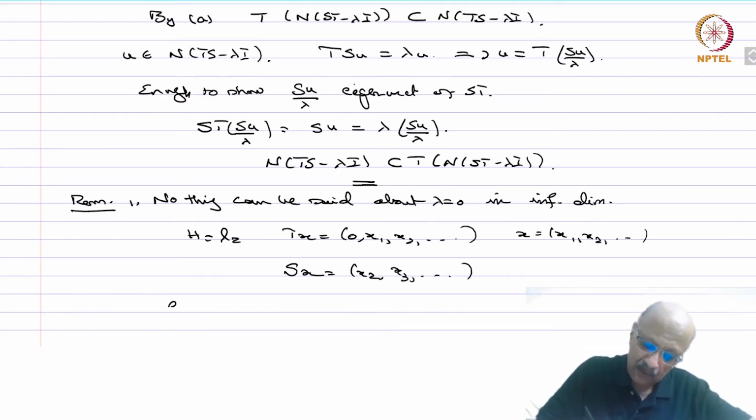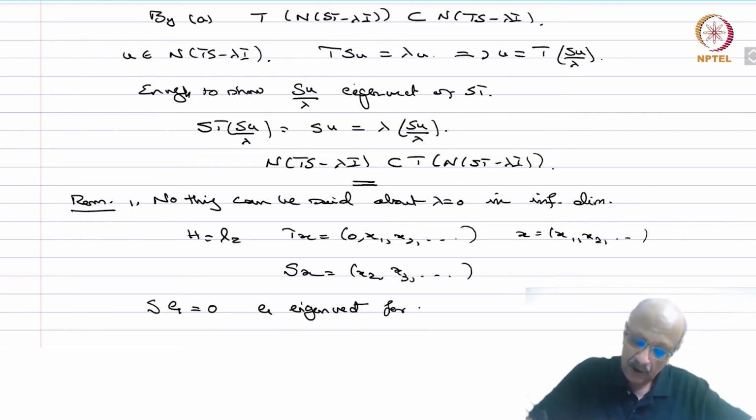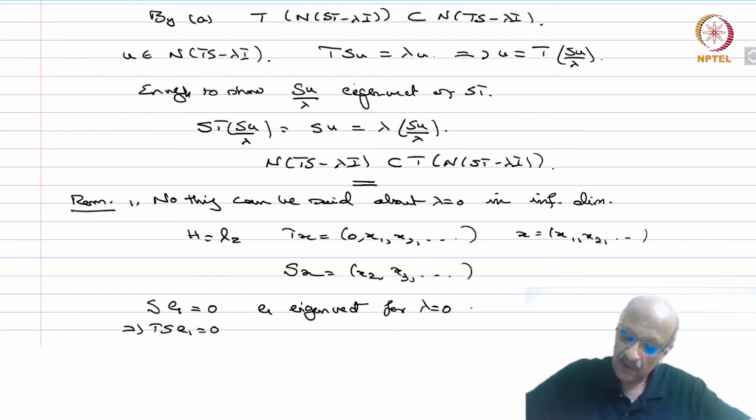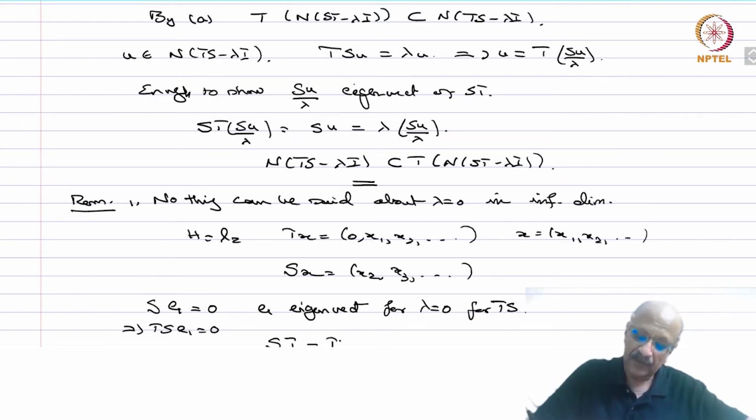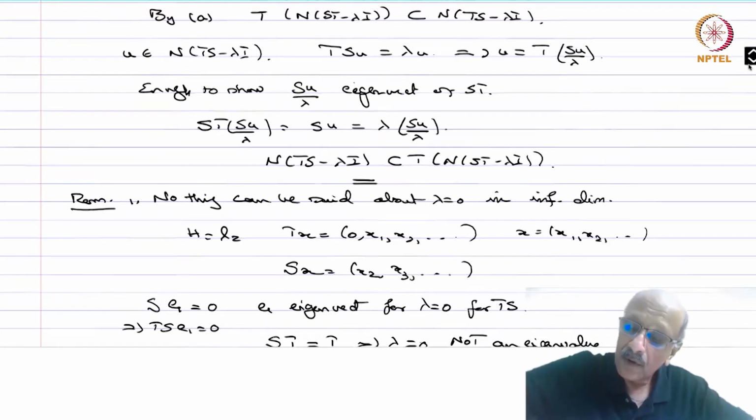So if you take e1, then S of e1 is 0. So e1 is an eigenvector for lambda equal to 0, because this also implies that TS of e1 equals 0, okay, for TS. On the other hand, if you take ST, this is the identity map. In ST, you go by 0 and then you push away the 0, which implies lambda equal to 0 is not an eigenvalue. Okay, so you do not have it.